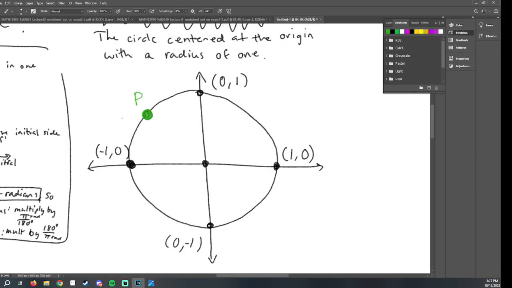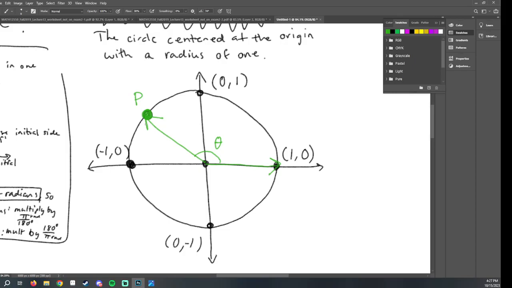And it turns out I can uniquely identify P, meaning I can say that P is basically the same thing as an angle. I can describe P just by saying that P is the point where the terminal side of an angle, some angle theta, touches the circle, right?